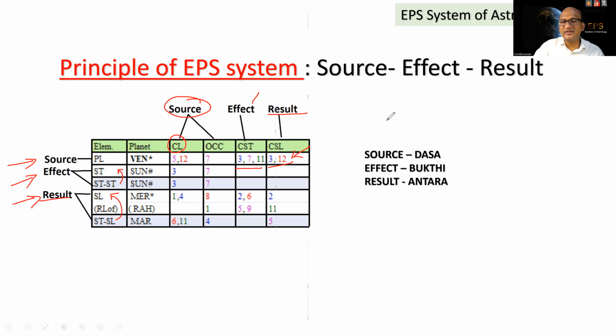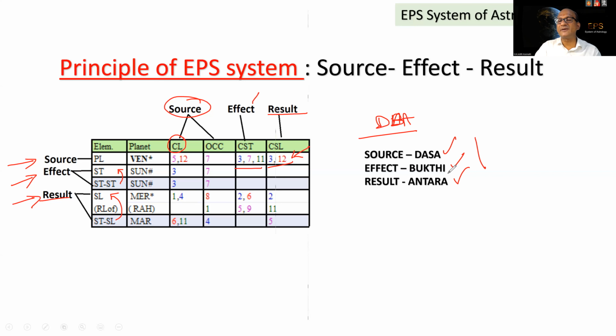Similarly, for DBA predictions, Dasa Bukti Antara predictions for a native, Dasa is the source, Bukti is the effect, and Antara is the result. We have to follow the same way. We should not just take that one planet as Bukti is signifying so and so houses. We cannot expect one planet as a Bukti lord to give similar results or significations under all the dasas.